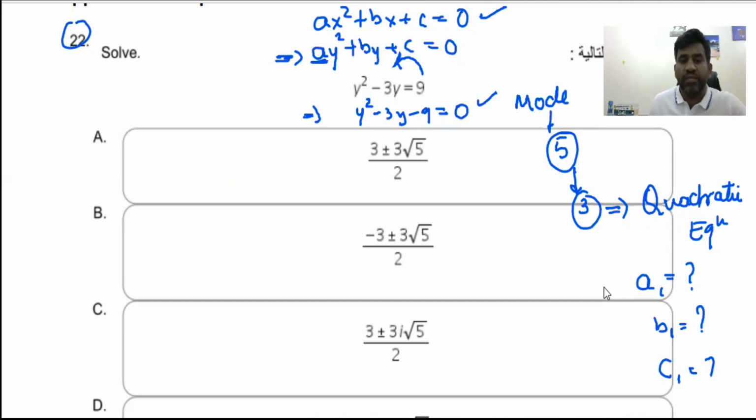Here it is a, but along with y² nothing is written, which means 1 is there, so the value of a is 1. The coefficient of y here is b, and the coefficient of y is negative 3, so b is equal to negative 3. And the constant term c is negative 9.